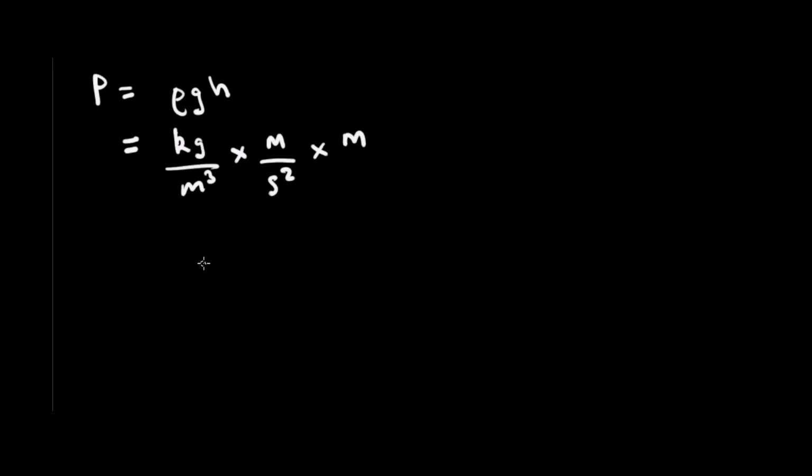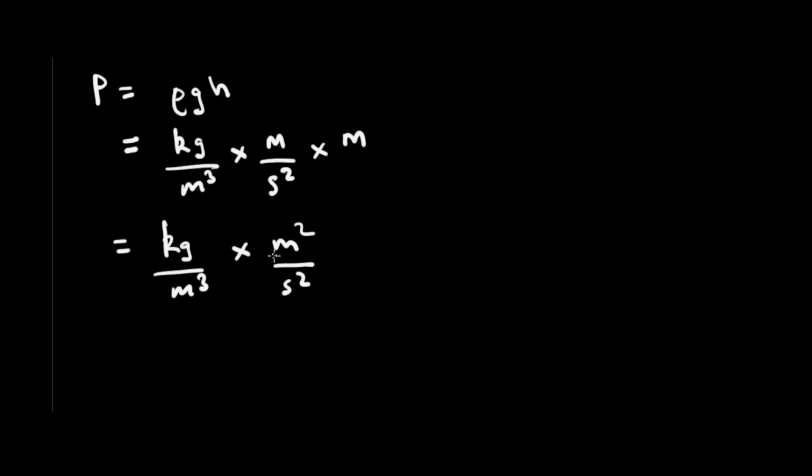So we have these, now we just substitute into our formula and see how it comes out. Remember we said P is equal to rho gh. We substitute rho in terms of our units, it's mass over volume, meaning kg over m cubed, multiplying g, which is acceleration, meaning meters over seconds squared, times h, which is just meter. Here we want to solve it, it's not going to trouble us. We can just multiply m times m, meaning it's kg over m cubed multiplying m squared over s squared.